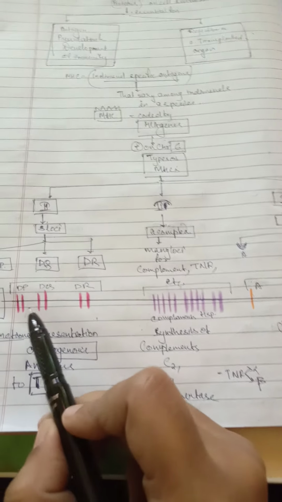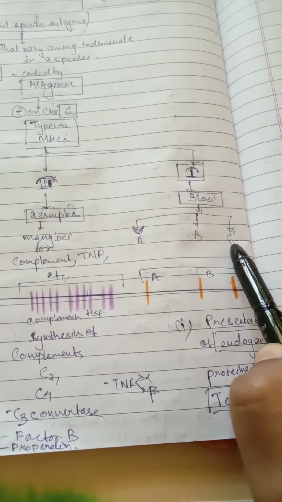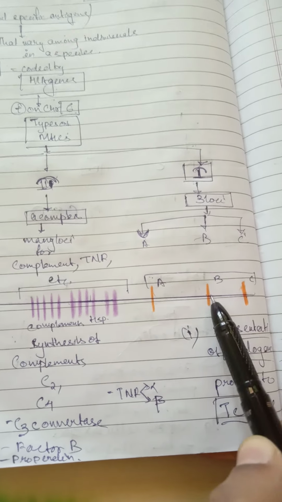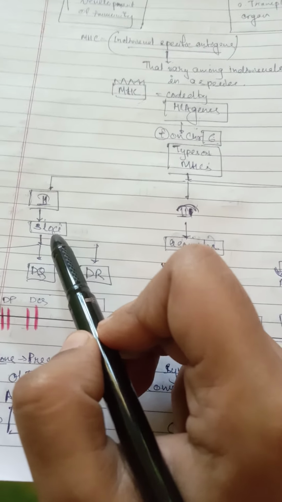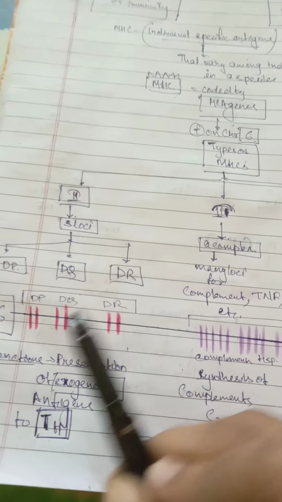It is a schematic diagram I have made which represents the different loci for different MHC molecules. MHC1 has 3 loci, namely A, B and C, which are present on the gene as single loci A, B and C. MHC2 likewise has 3 loci, DP, DQ and DR, which are also present on chromosome number 6.